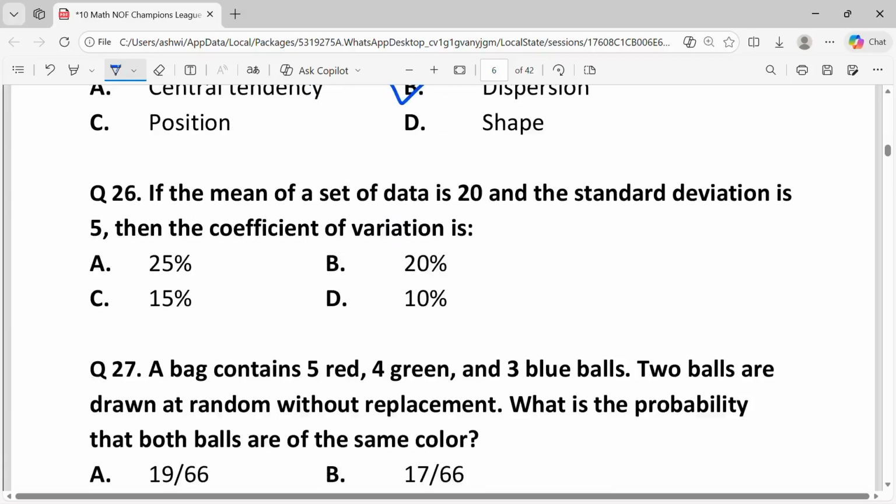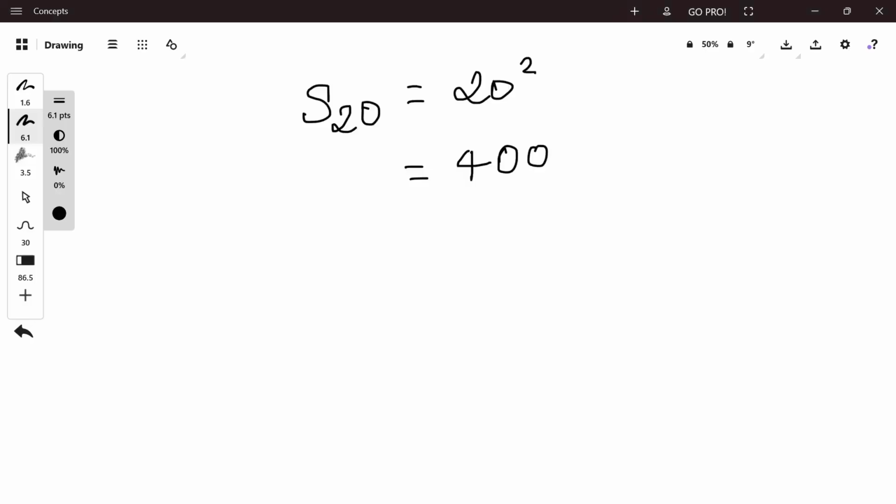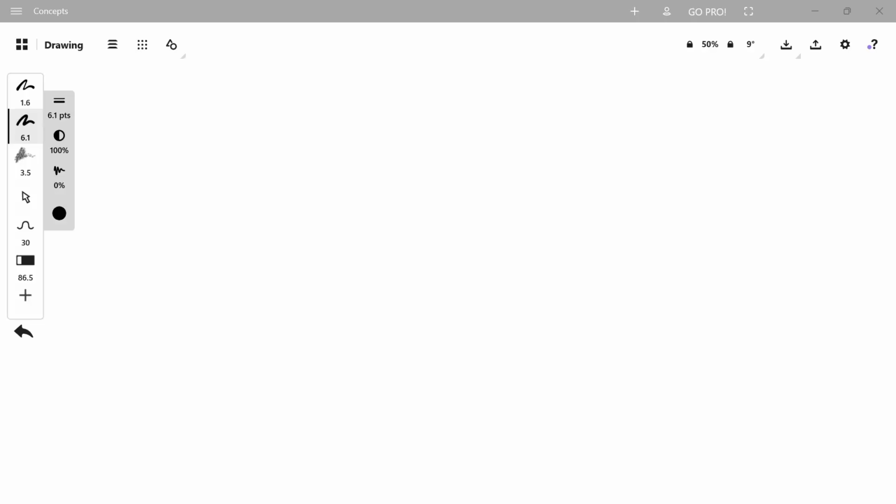Question 26. If the mean of a set of data is 20 and the standard deviation is 5, then the coefficient of variation is. The coefficient of variation, CV, is a statistical measure of the relative dispersion of the data points around the mean. It is calculated as the ratio of standard deviation sigma to the mean mu, expressed as a percentage, that is CV is equal to sigma upon mu into 100.